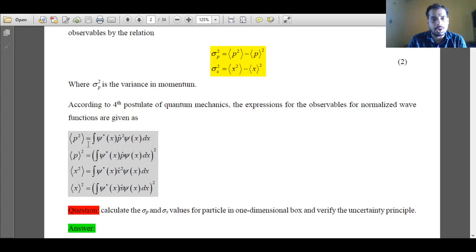If the function is not normalized, then I have to divide by a normalizing condition, but we are assuming that our wave functions are normalized, so we are ignoring those normalizing conditions. This is how we obtain the expectation values for momentum squared, momentum, position squared, and position.